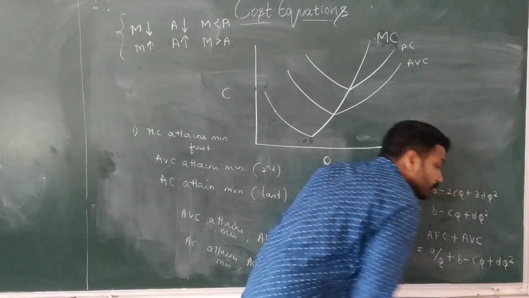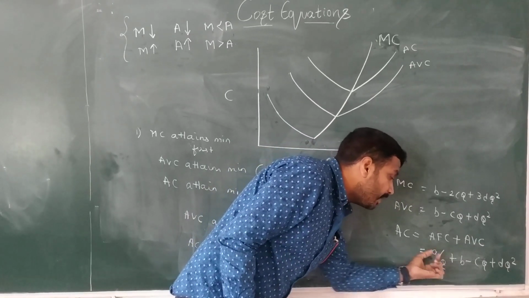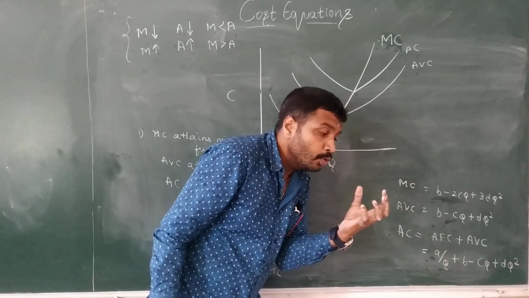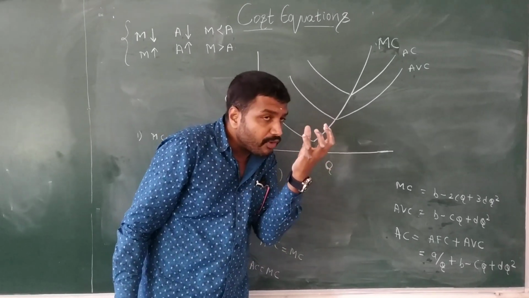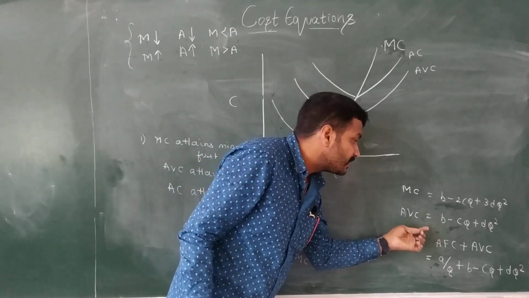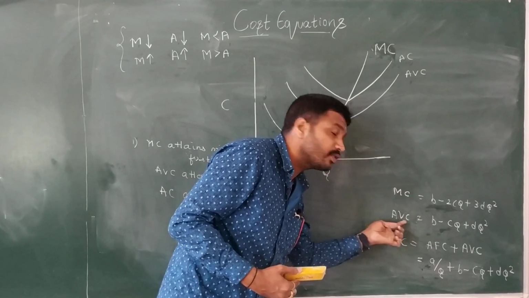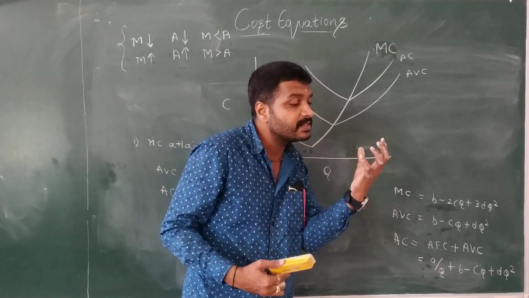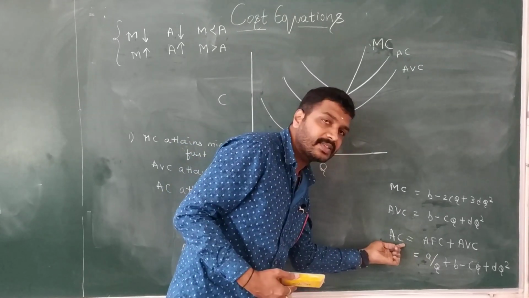So A by Q, where A is a huge value, needs to fall. It falls at a much slower pace, whereas such a condition is not there in the case of ABC. So ABC exhibits a falling trend much faster than AC.